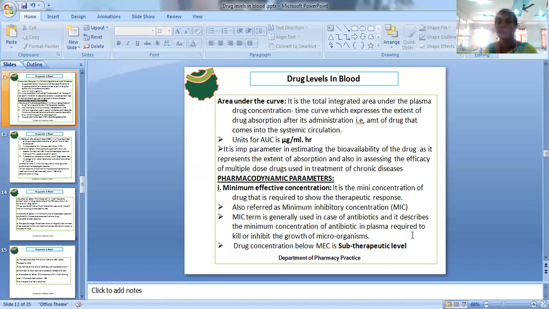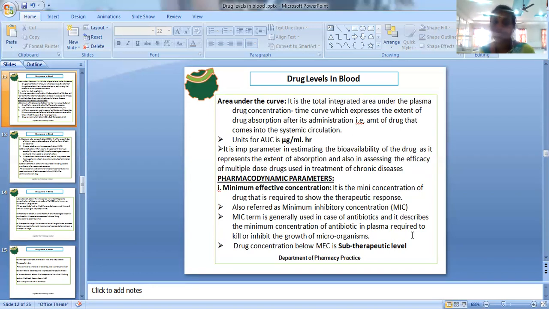And the third parameter is the area under the curve. Area under the curve is the total integrated area under the plasma concentration time profile. It gives an idea of the extent of drug absorption after administration. Commonly the units of area under the curve are microgram per ml dot hour.